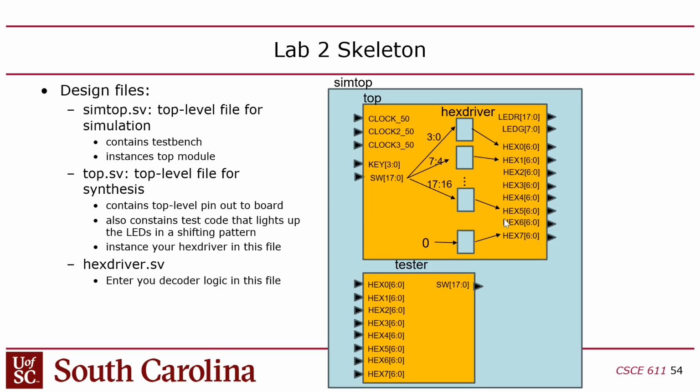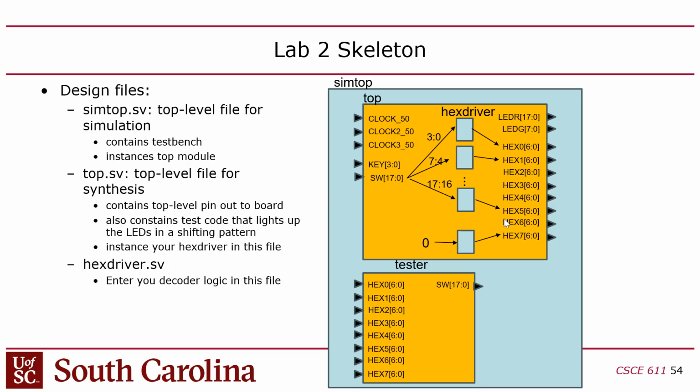Now, what does the skeleton look like? I want to talk about that in a minute. So in the past, we would have everyone just open Quartus and do everything manually. We've automated this with a combination of files and a script. So if you download the skeleton, you'll see that there's actually already 3 files in there that have the SV extension. They're SystemVerilog files.